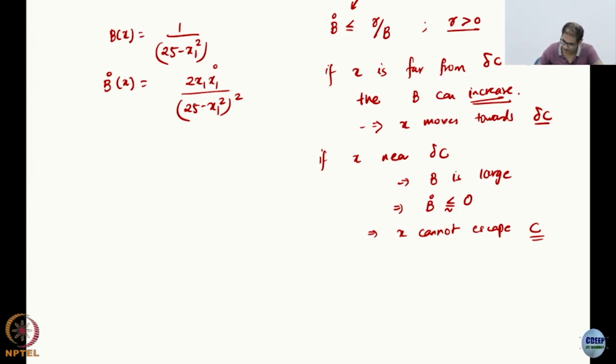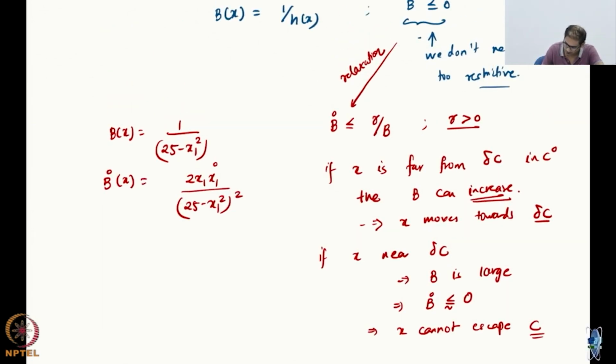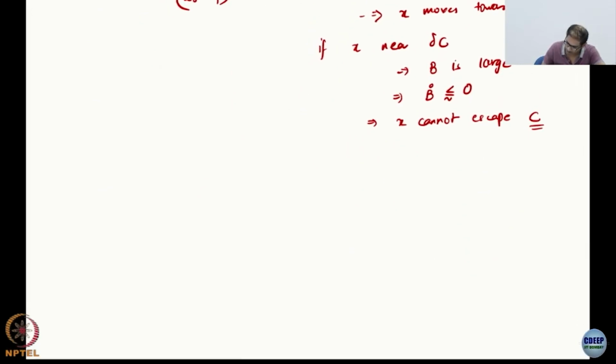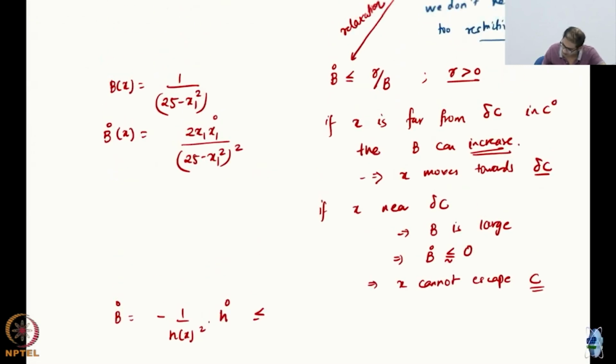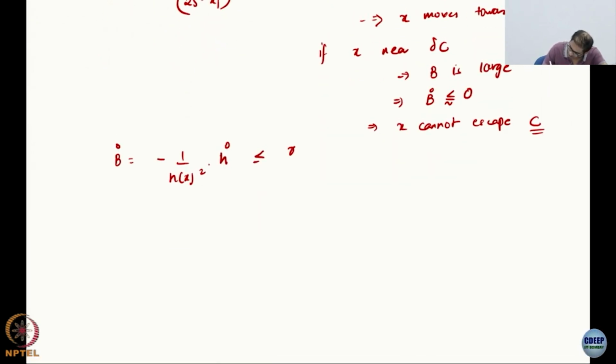So basically how they are saying it is that, this is the b dot. So what is b dot? B dot is equal to minus 1 over h(x) squared times h dot, and if this is less than or equal to gamma over b, this is gamma h. So this condition means that h dot plus gamma h cubed is greater than or equal to 0.